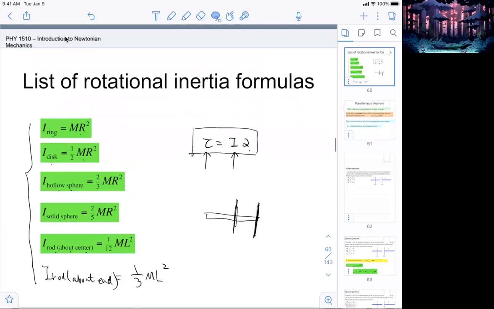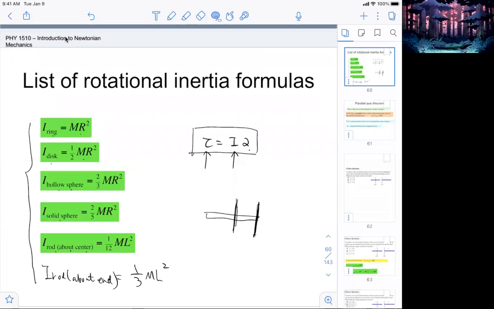So a ring, a disk, a hollow sphere, a solid sphere, a rod about the center, all of these assume they are rotating relative to their center of mass, right? If you have a ring, this assumes you're rotating relative to an axis going through the center of mass of the ring.